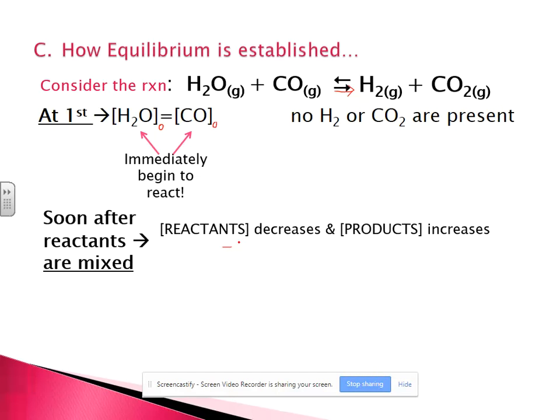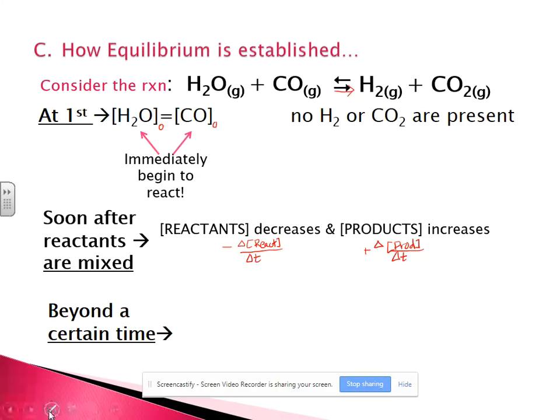And when we would write the rate expression, you would say negative change in the concentration of the reactants over the change in time. And then when we talked about the products, we said they were increasing. So we would always put a positive sign to show they're appearing, change in the concentration of the products over the change in time.